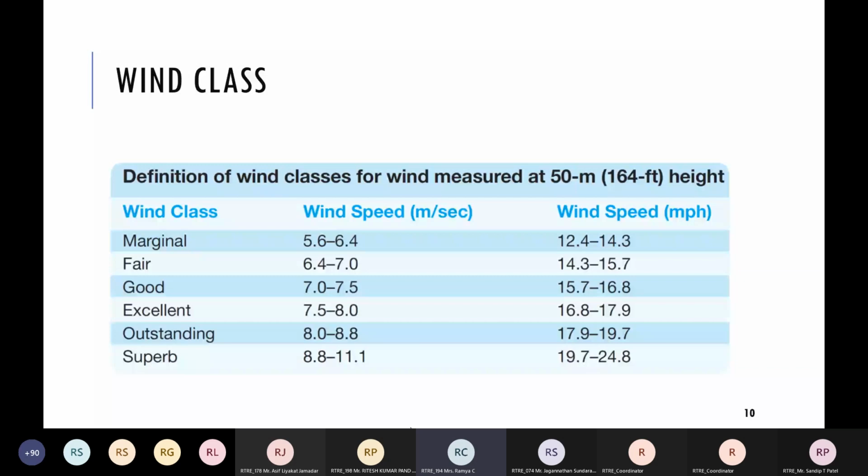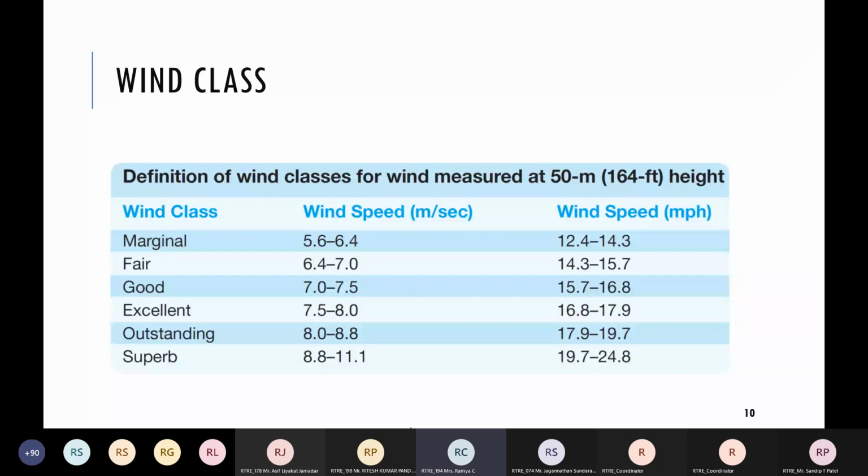Generally, if we go for commercial wind turbines, the design range of wind speed starts from 7 to 12 meters per second, depending on the size and shape of the wind turbine.